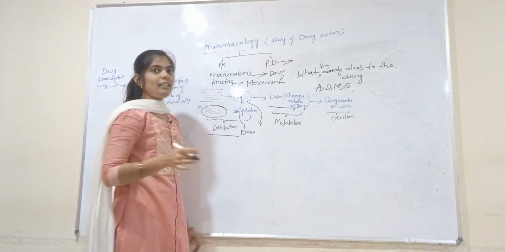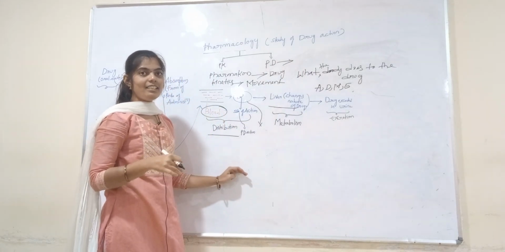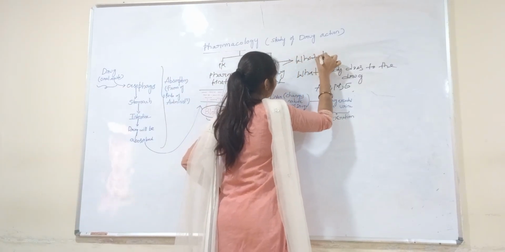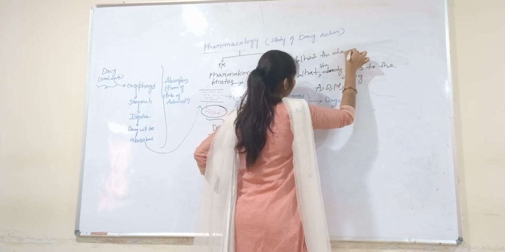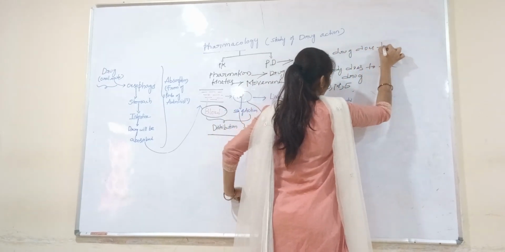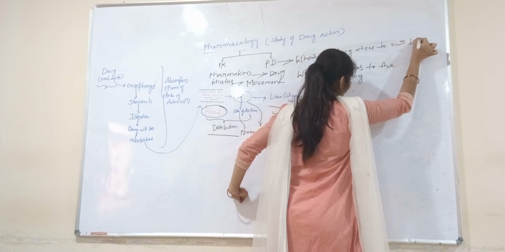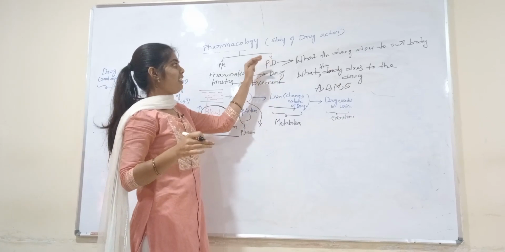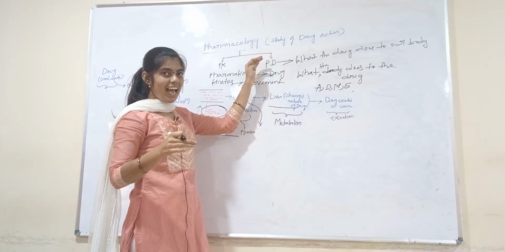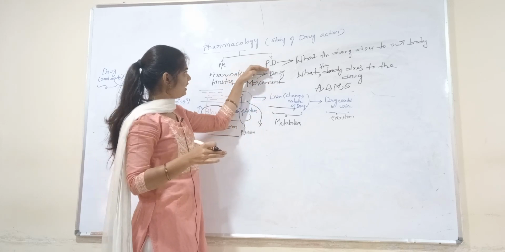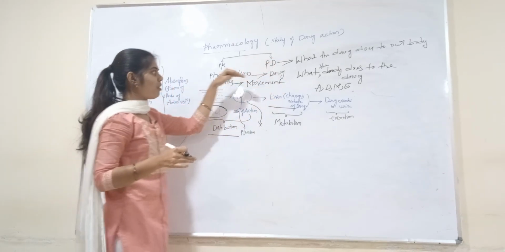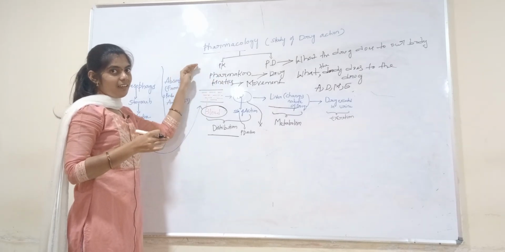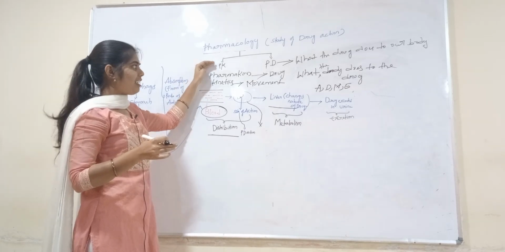Pharmacodynamics mainly deals with what the drug does to our body. What the drug does to our body, we are going to learn in pharmacodynamics. That means how the drug shows its activities in our body, we are going to learn in pharmacodynamics. In pharmacokinetics, we are going to learn how the body receives our drug.